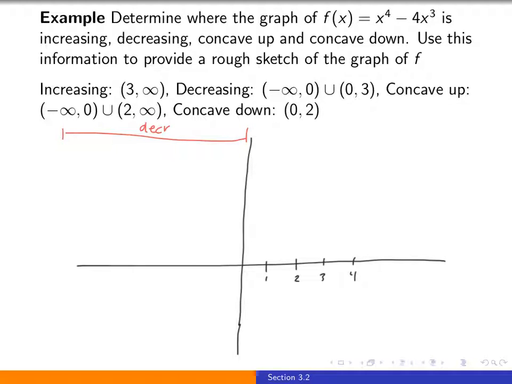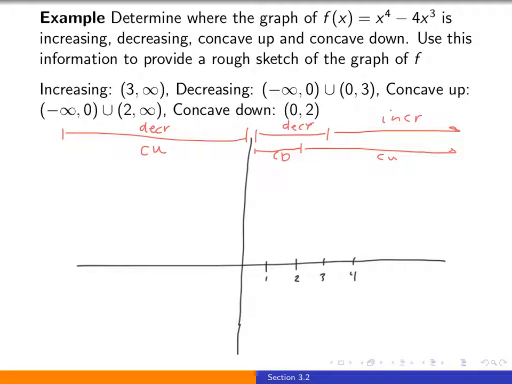From 0 to 3, we are also decreasing. And from 3 to infinity, we are increasing. We are concave up from -infinity to 0, from 0 to 2 we are concave down, and from 2 to infinity we are concave up.